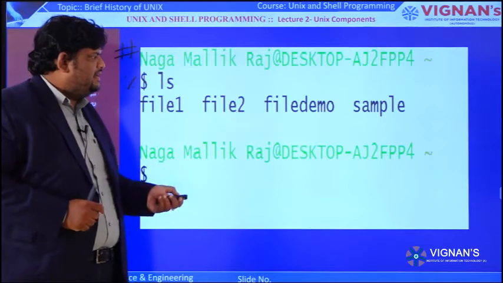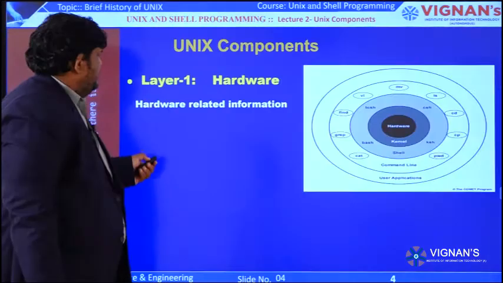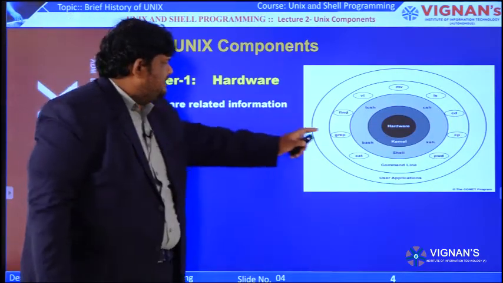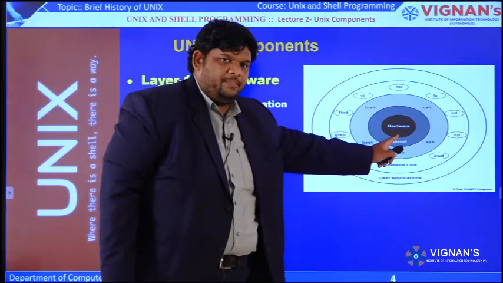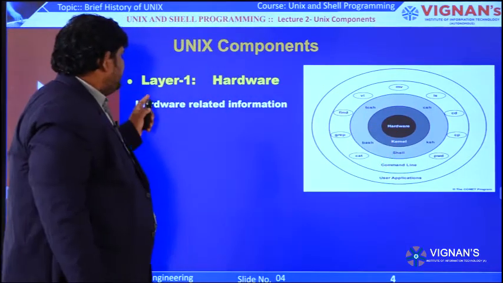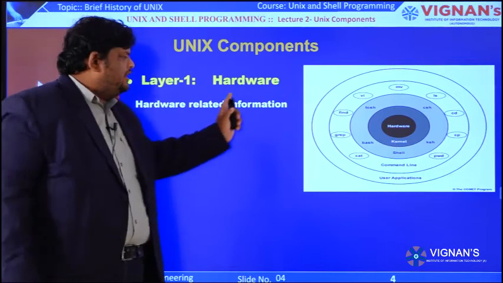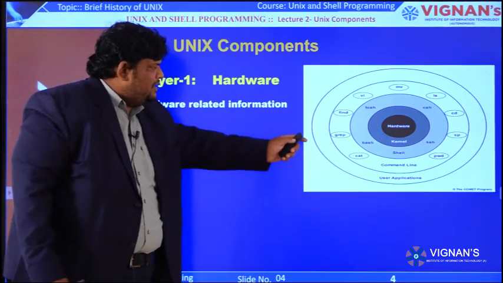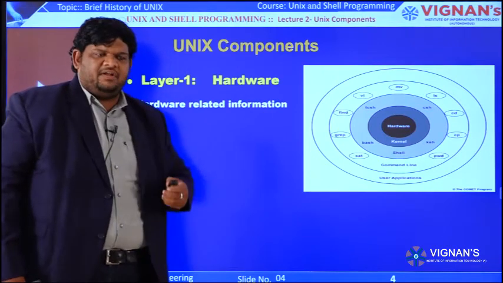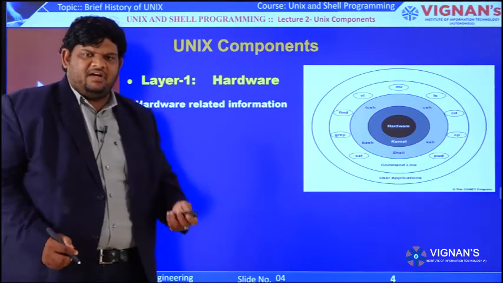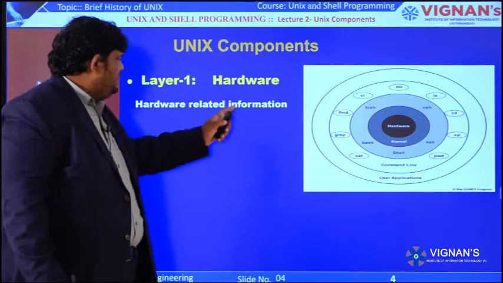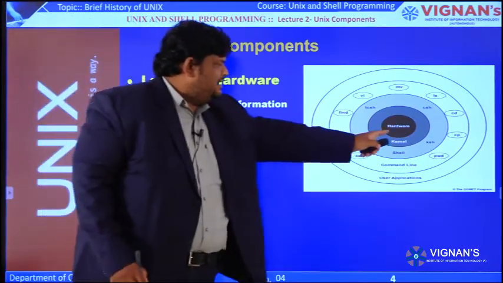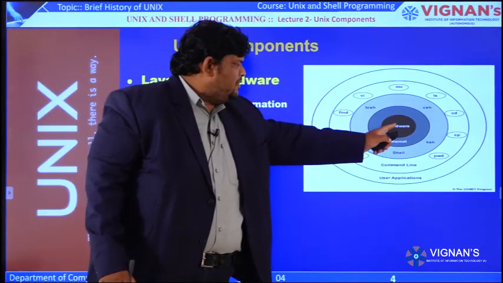Now let us see clearly the components that are present. The first component here is hardware. It contains all hardware related information, whatever the monitor, keyboard, hard disk, everything, all the hardware that is present. That is layer 1, the innermost layer.